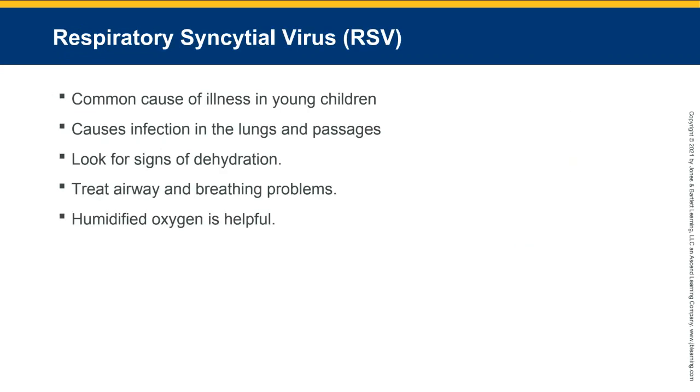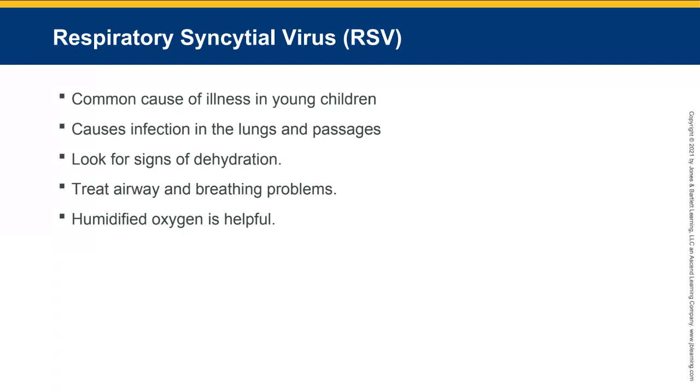Now, respiratory syncytial virus. It's a common cause of illness in young children. It causes infection in the lungs and ear passages, right? It leads to bronchitis. Look for signs of dehydration, which is going to happen with patients with infection.